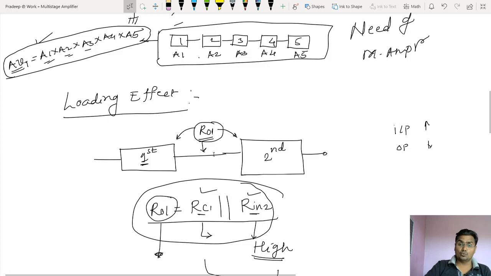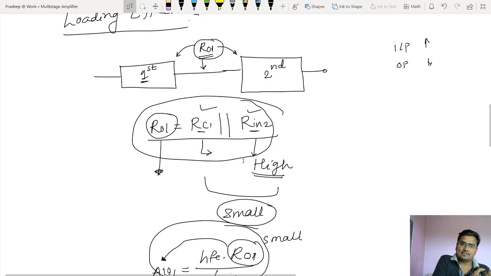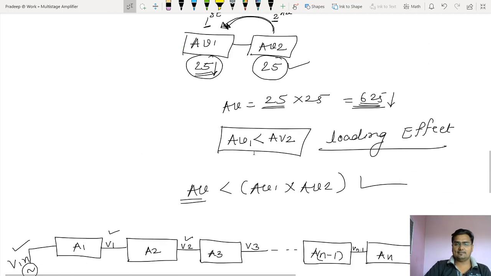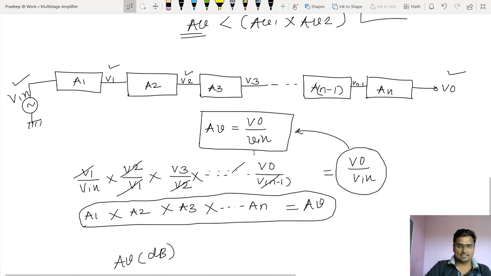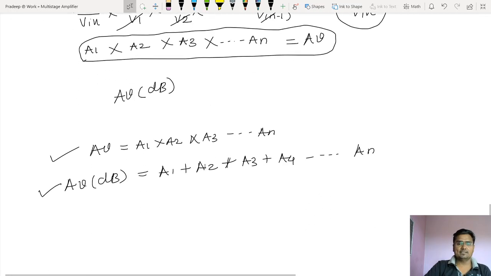Then we have seen the loading effect, how the next stage puts a load on its previous stage. And what is the effect? The gain of the previous stage decreases because of the next stage. Then we have seen that the total voltage gain is the multiplication of individual gains. If I convert it into dB, then it becomes the addition of individual gains.